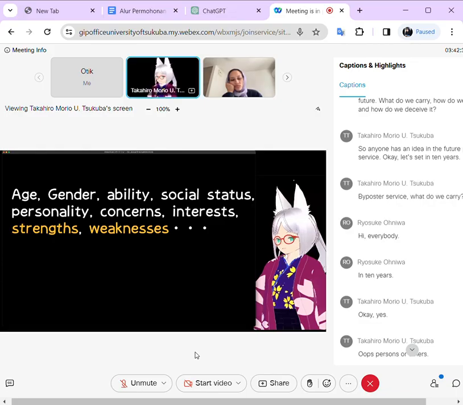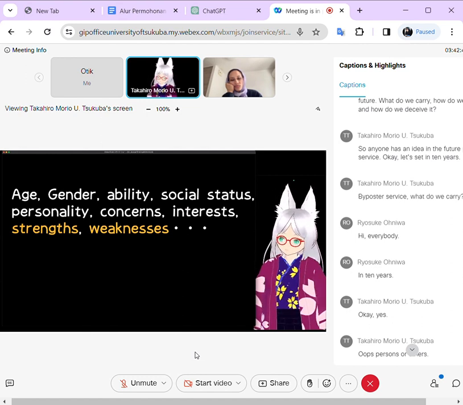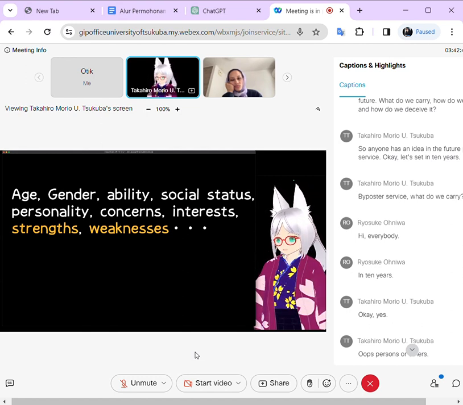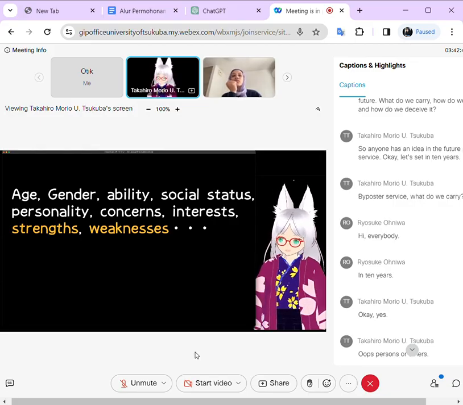And as well, also age, gender, ability, social status, personality, concerns, interest. Especially, it's very important to set the character's strengths and weaknesses. Only powerful characters will make the story very stable, not dynamic.